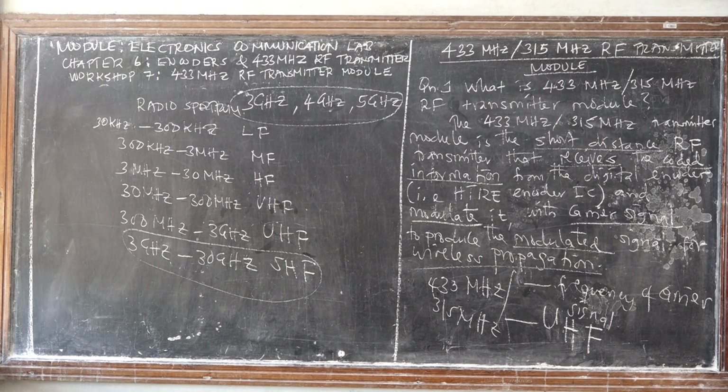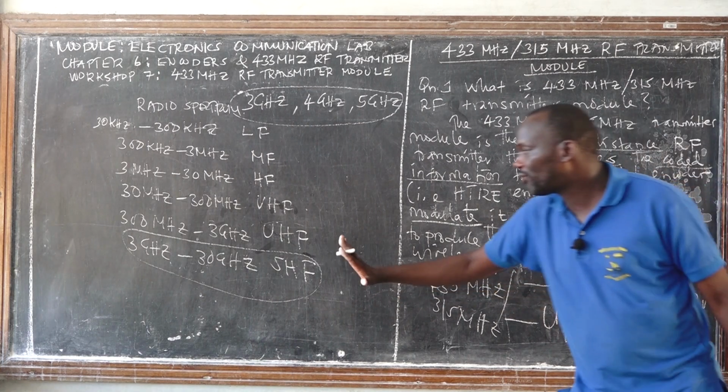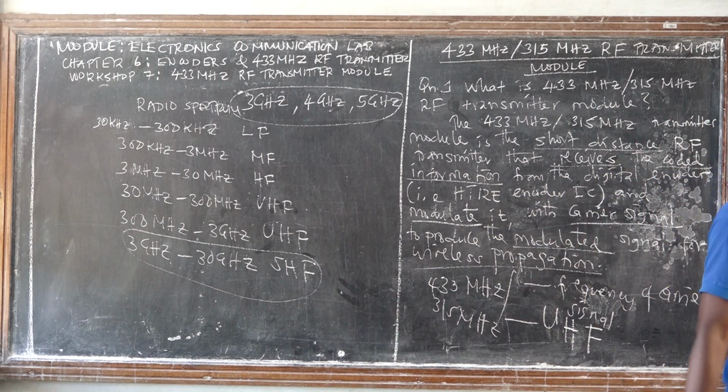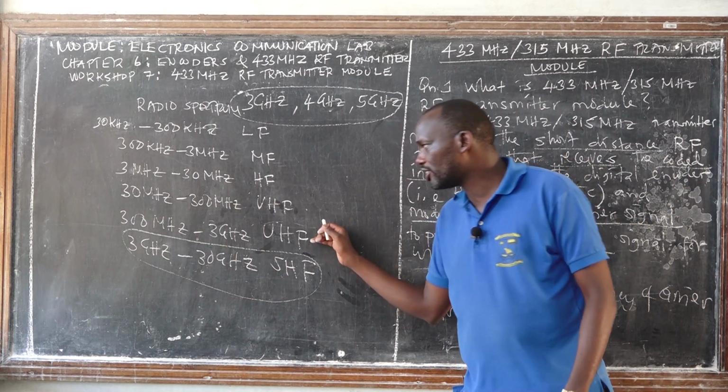From these spectrums you can analyze which radio spectrum 433 megahertz or 350 megahertz falls within. This spectrum is used specifically for radar communication, for short distance and long distance.